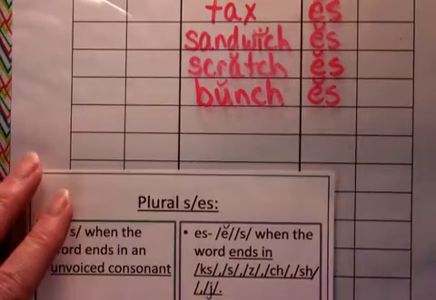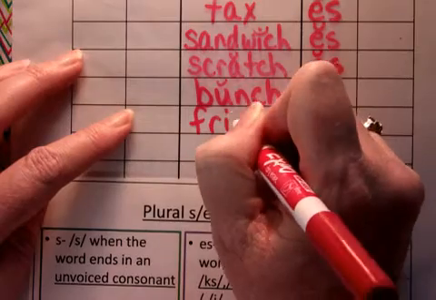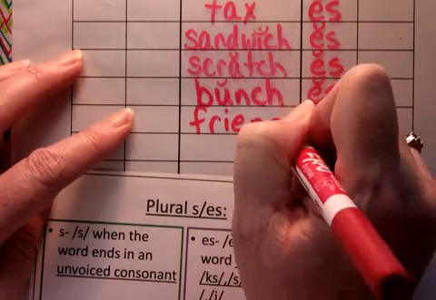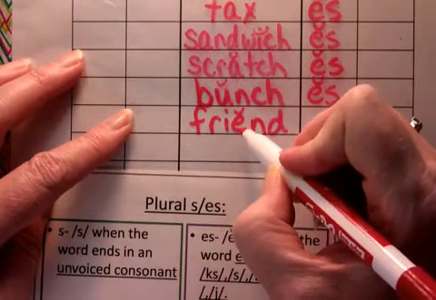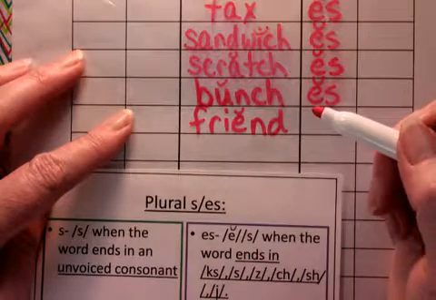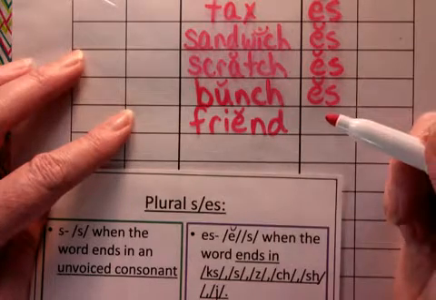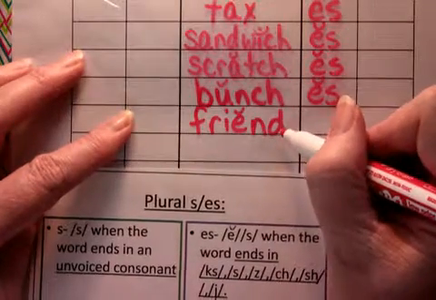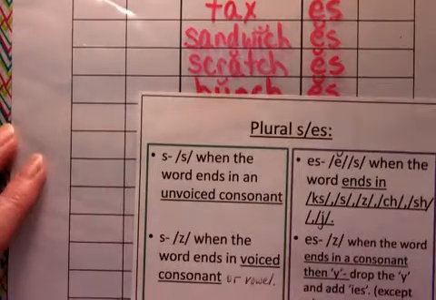The next base word is friend. That's an unusual vowel team. The IE sounds like egg, the short E sound. Friend. The last sound is d. My voice is on for that one.